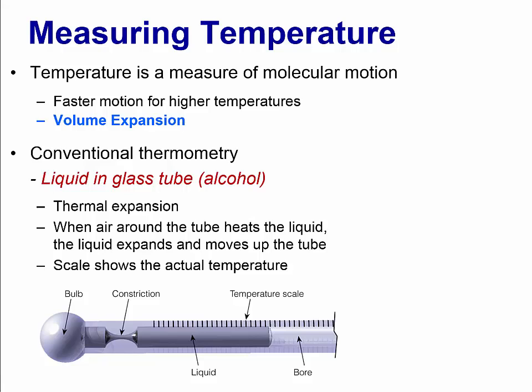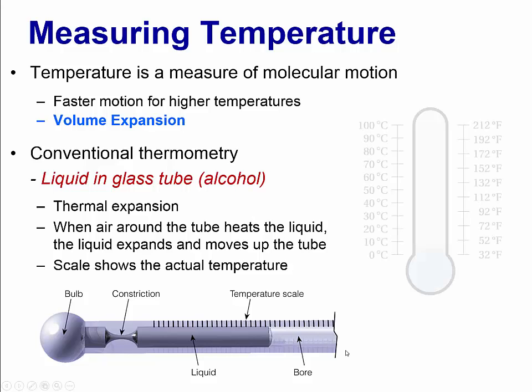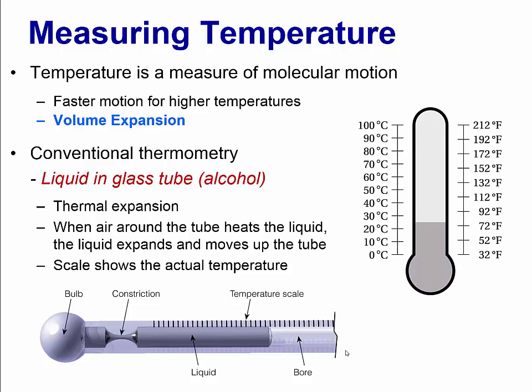So we have this glass tube with some alcohol in it, and then the remainder of the open tube is a vacuum, and that is where the alcohol can expand. So as the air temperature increases and warms the alcohol, we have thermal expansion, and the alcohol moves forward down in the tube, thus measuring an increase in temperature. So we warm up the alcohol, and then we see that thermal expansion giving us that higher temperature reading.